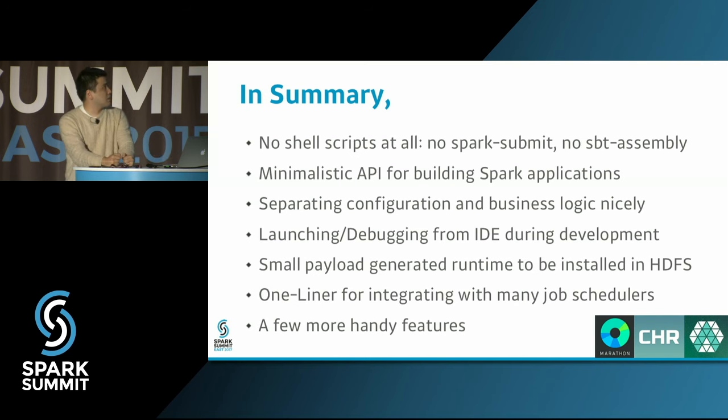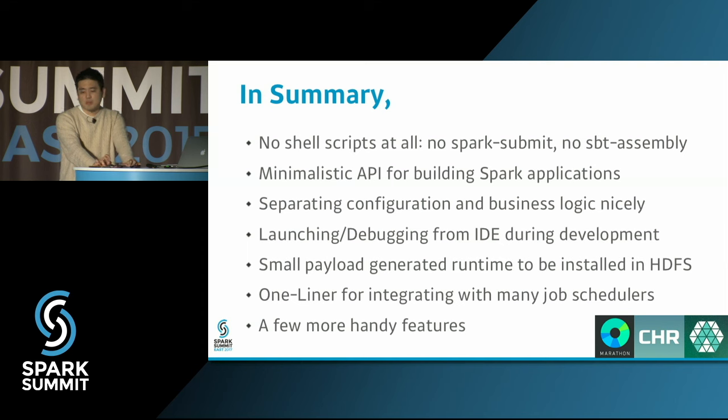So let me summarize. Using CueSheet, you can develop Spark applications without shell scripts at all, no spark-submit and no SBT assembly. And this made me, as a developer, quite happy developing those Spark applications, because I don't need to fiddle with the terminal and shell scripts that are very error prone, as I said. And as you see, we can just fill inside the object body, so it's a very minimalistic API for building Spark applications in Scala.